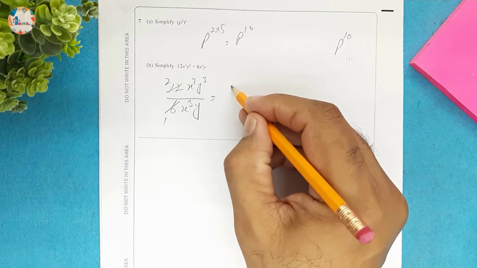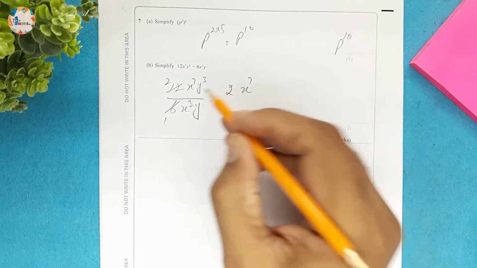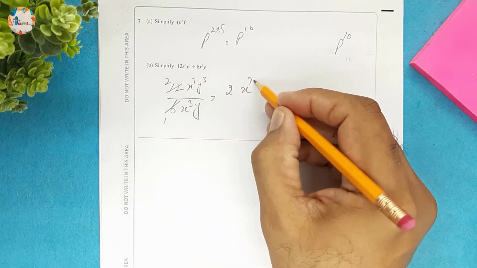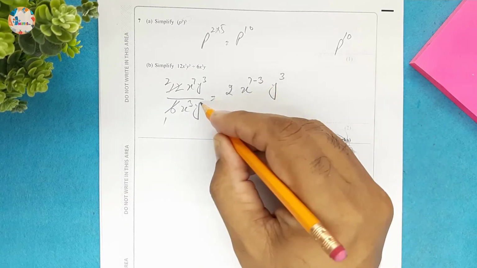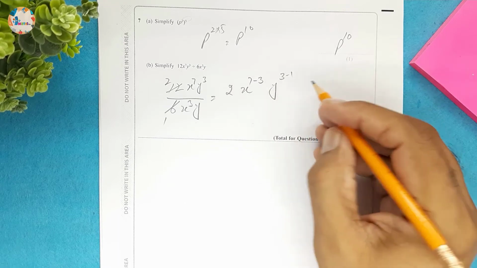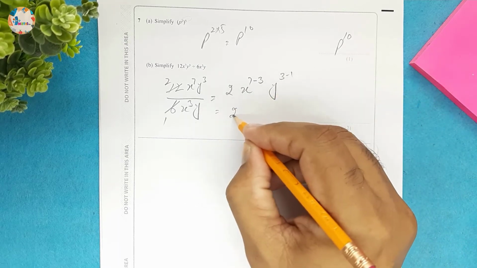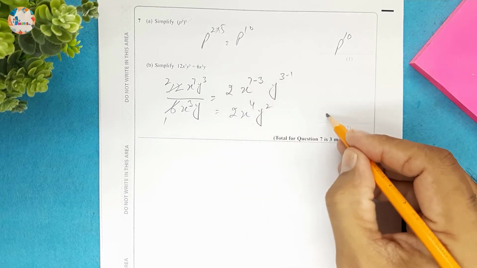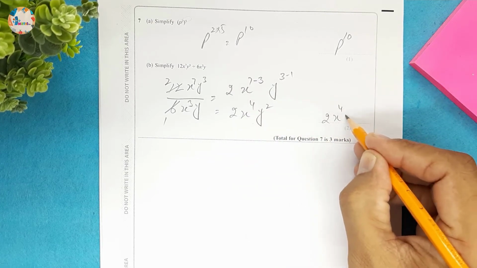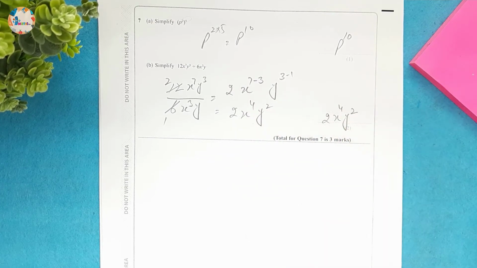So this will be 2x raised to 7 and this 3 will go up, so it will be minus 3, and similarly y raised to 3 and 1 will go up, minus 1, and this will be equal to 2x raised to 4 y squared. So 2x raised to 4 y squared will be the answer for this question number 7.